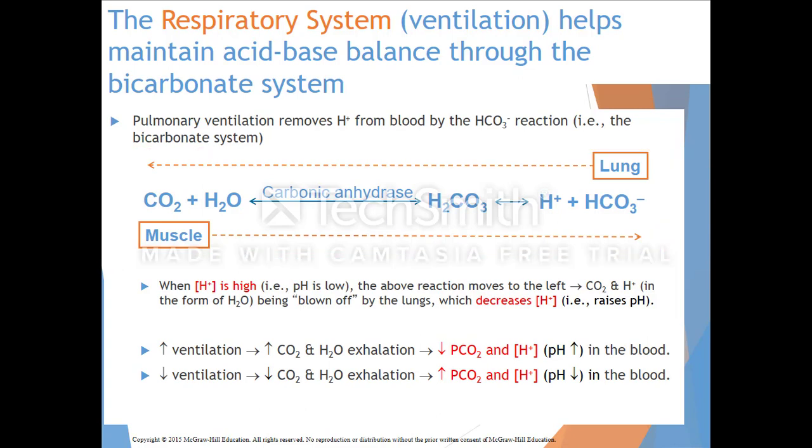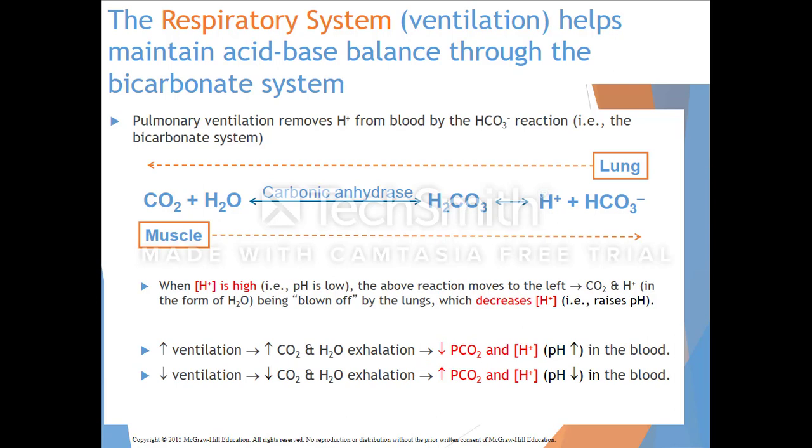What I do want you to know is that when you breathe out carbon dioxide and water, that water contains a hydrogen ion. So every time you breathe out, you're removing carbon dioxide, which you all probably already knew, but you're also removing a hydrogen ion in the form of water. So what this means is that if you increase your ventilation, you're going to increase your removal of carbon dioxide and hydrogen ions in the form of water.